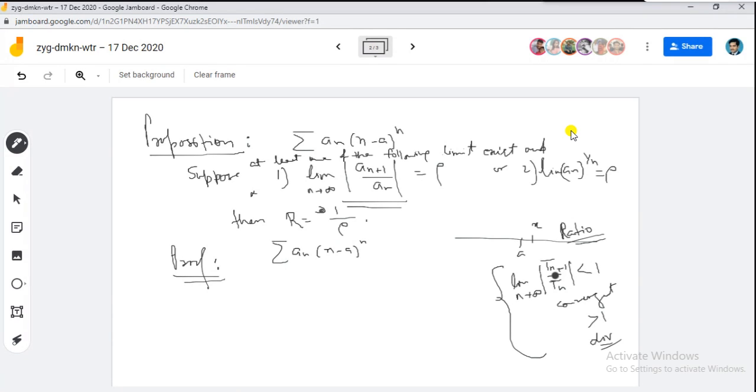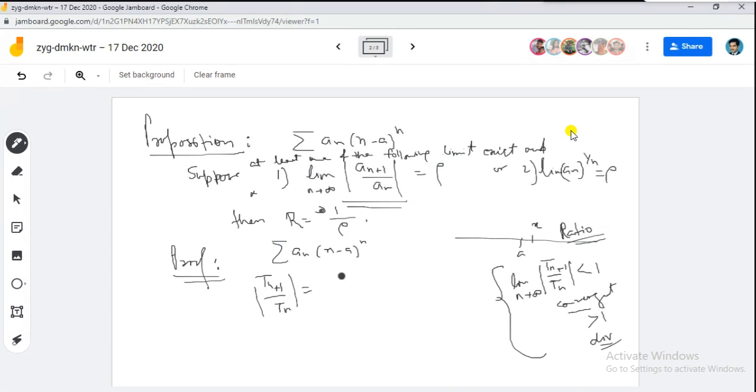So we'll just use these two facts: that the n plus 1th term over nth term, limit n tending to infinity, if this limit exists, say it is equal to A, and that A is less than 1, then the series is convergent. Otherwise, if greater than 1, then it is divergent. So let us discuss here, what is your T_(n+1) over T_n, and take the mod.